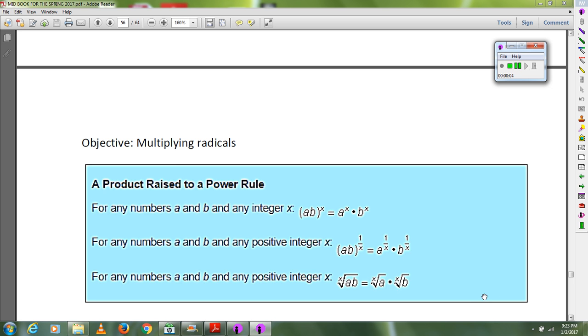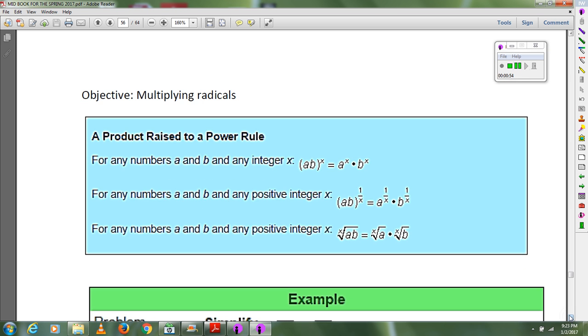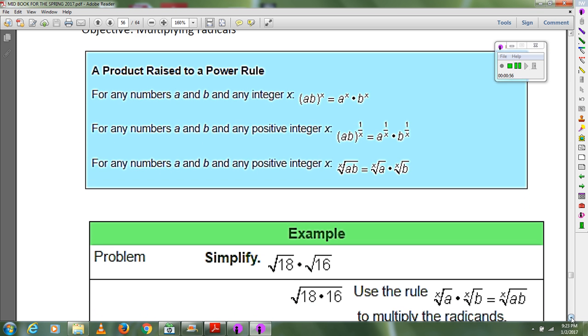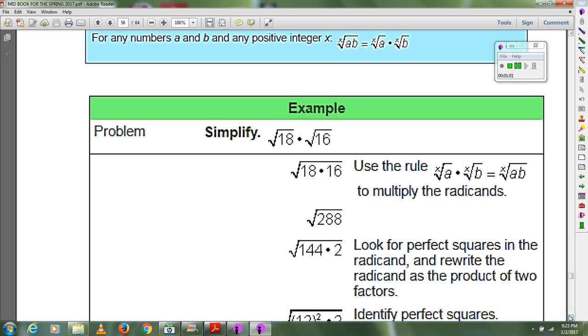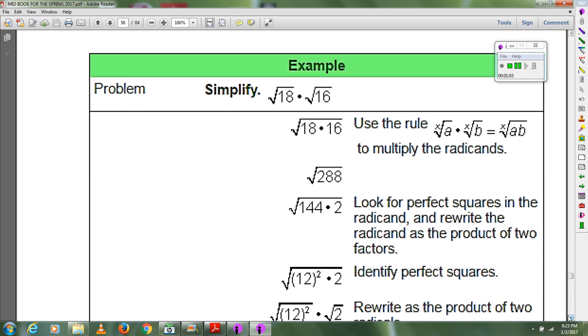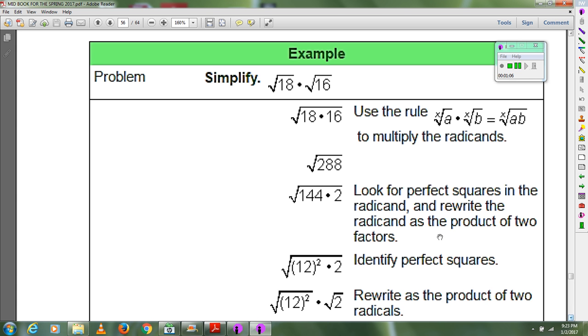So now we are going to apply this concept to solve the following example. Here we want to simplify, or find the product of, two square roots: square root of 18 times square root of 16.